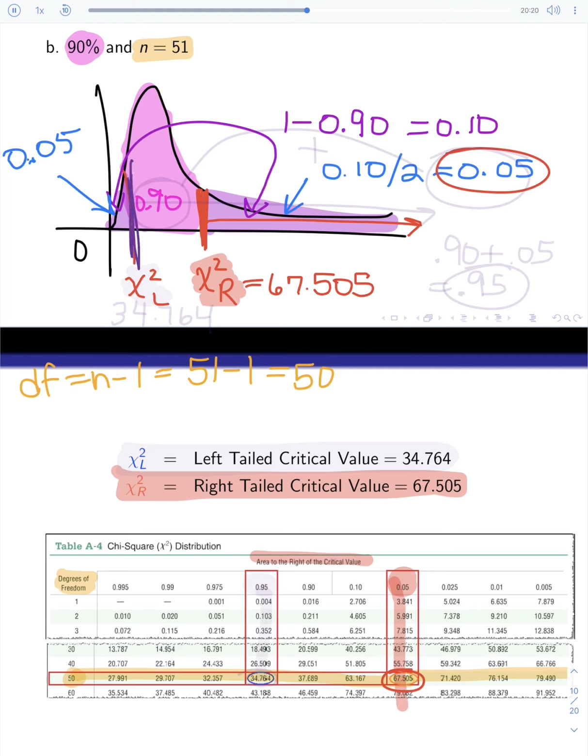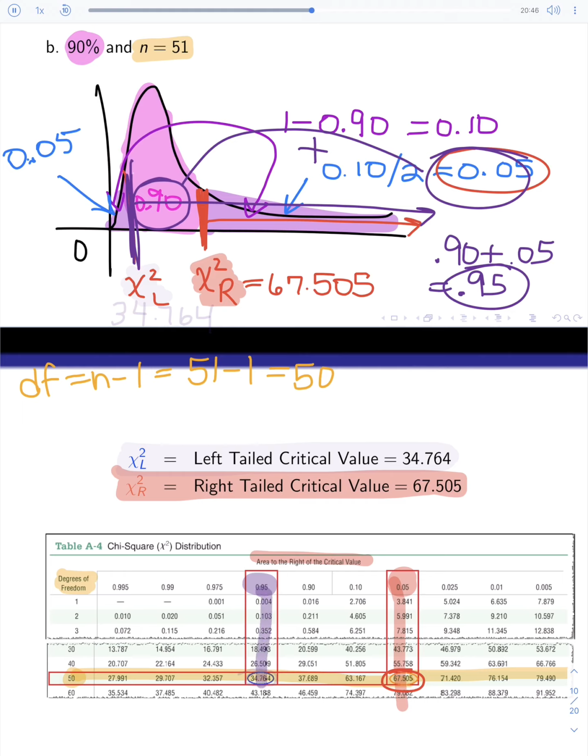To get the other chi-squared, the chi-squared on the left, we need its area to the right. We want to get its area to the right, which is going to be the 0.90 and the 0.05 added up. So the 0.90 added to the 0.05 gives me 0.95 as its area to the right. So when I go to my table, I'm going to use the same degrees of freedom, but my area to the right is going to be 0.95.